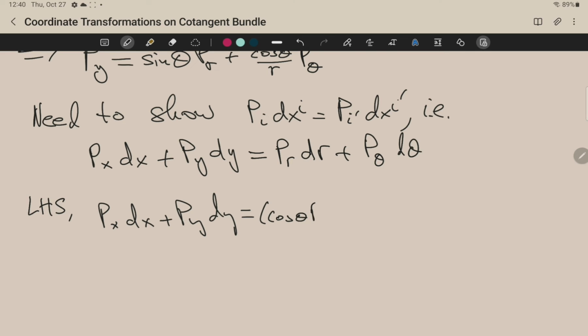So px is cosine theta pr minus sine theta over r times p theta. And then of course dx you have to expand.